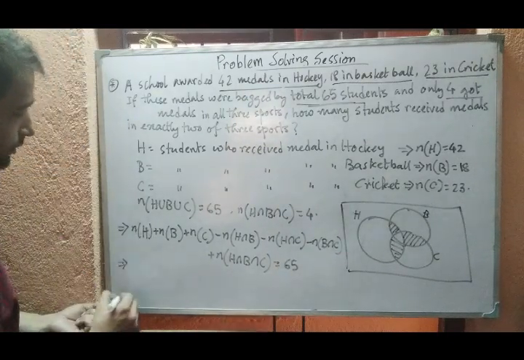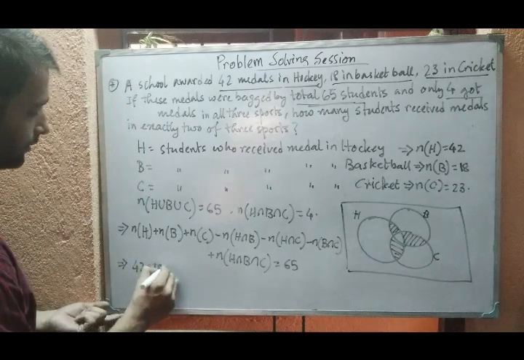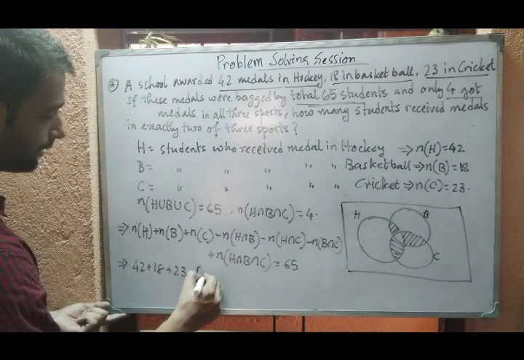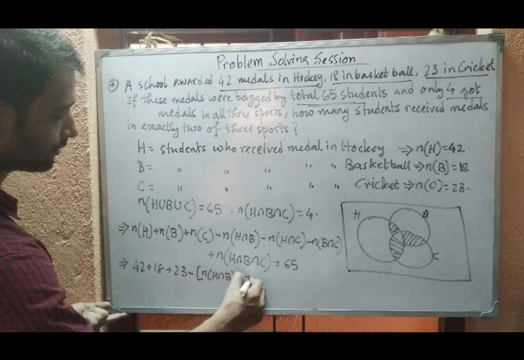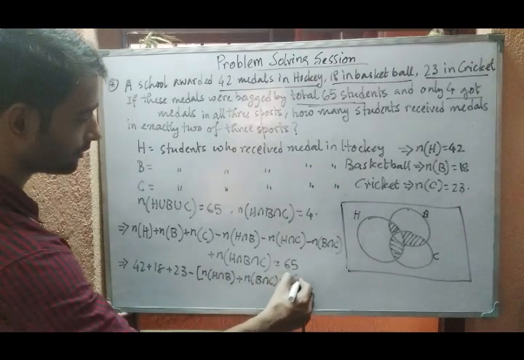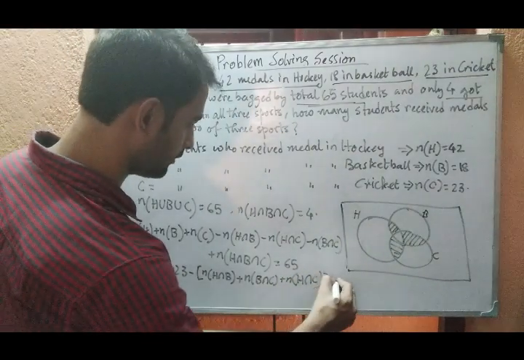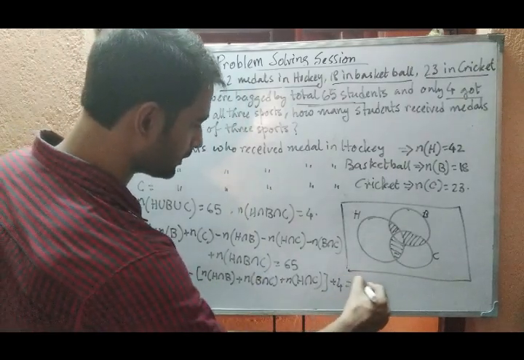So if you put the values, you will get something like this: 42 plus 18 plus 23 minus, I am taking the intersections of 2 in a bracket, so it will become plus, and there is a 4 for the intersection of 3, and this becomes 65.